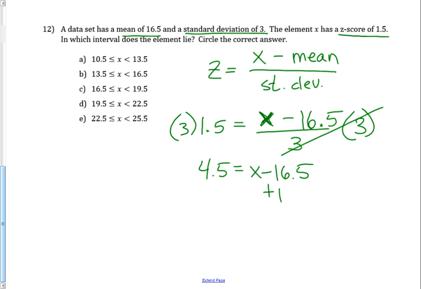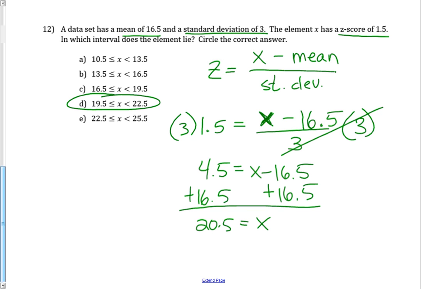And then to get x by itself, I'm simply going to add 16.5 to both sides, giving me 20.5 is equal to x. So 20.5 sits between 19.5 and 22.5. So the correct answer is D.